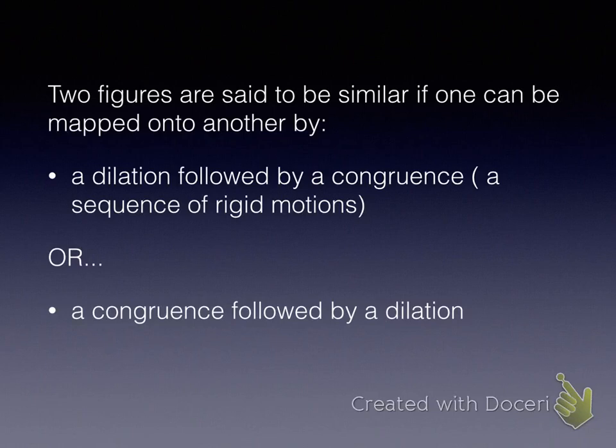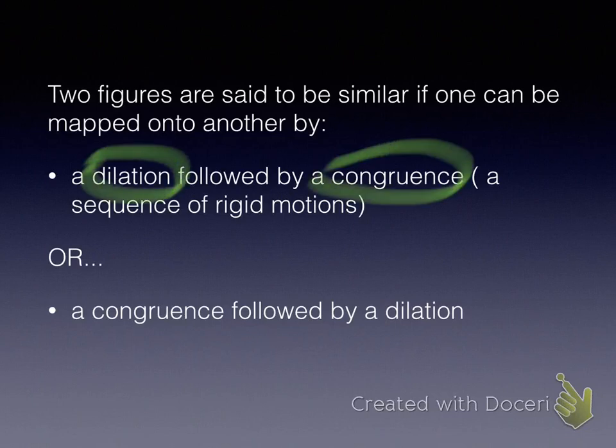That two figures are said to be similar if one can be mapped onto another by a dilation followed by a congruence, in other words, a sequence of rigid motions, or a congruence followed by a dilation. In all of our examples, we did the dilation first, and then we did the congruence. But you could do it the other way around. So either way, you could do that.